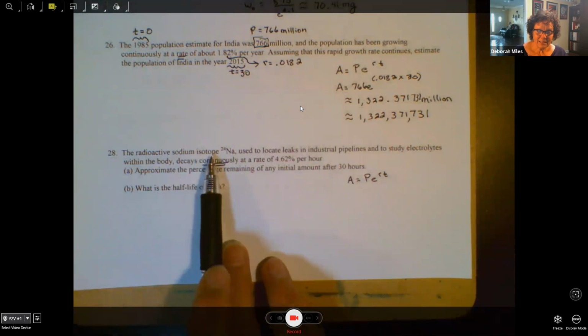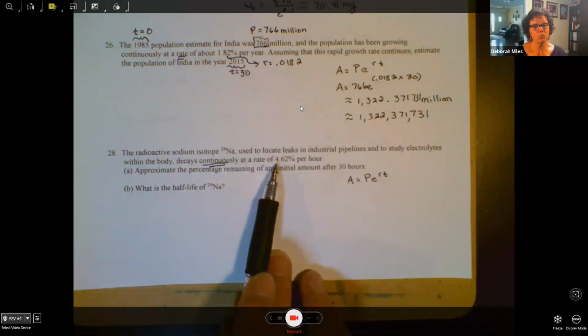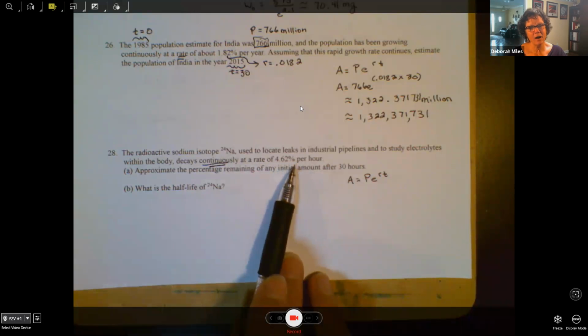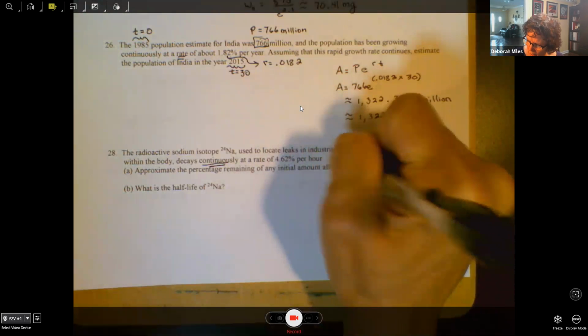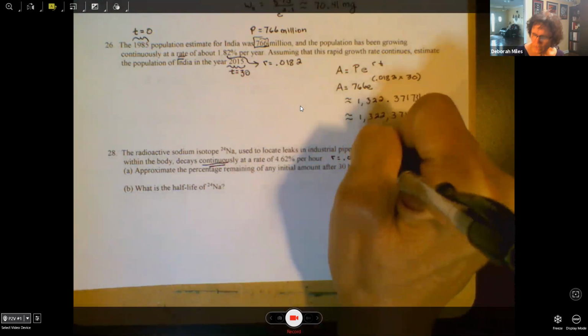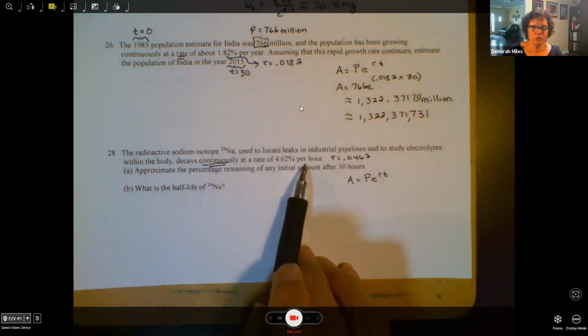Radioactive sodium isotope decays continuously at a rate of 4.62% per hour. That means R is, as a decimal, 0.0462. And my units on time is hours.